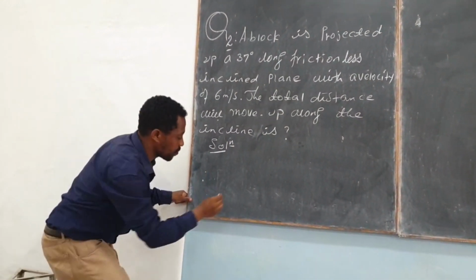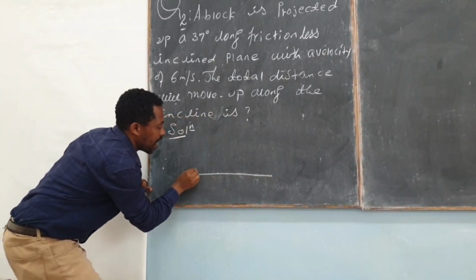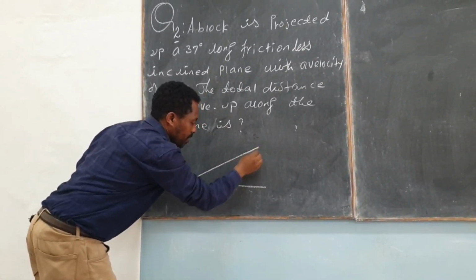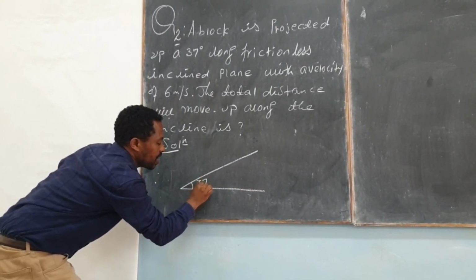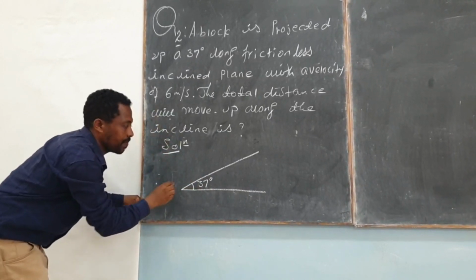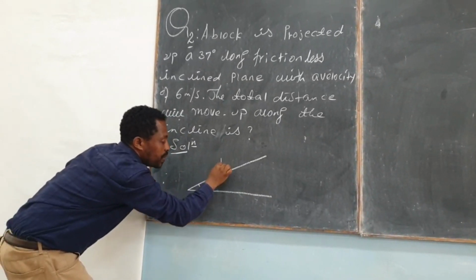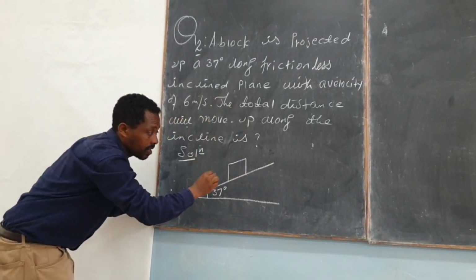First, you have to sketch the inclined plane. Let the angle be 37 degrees, which is already given. Let this be the object, which is moving upward.